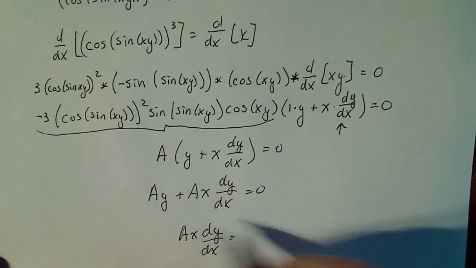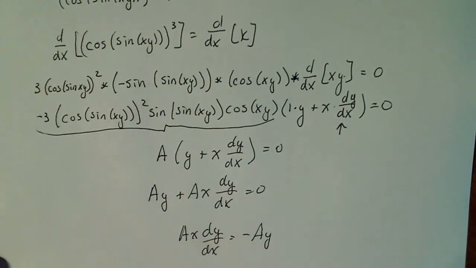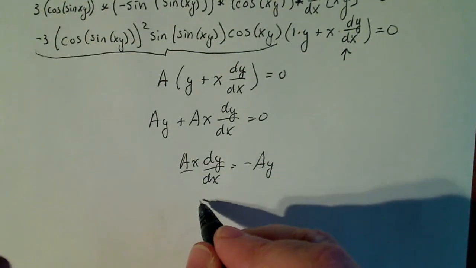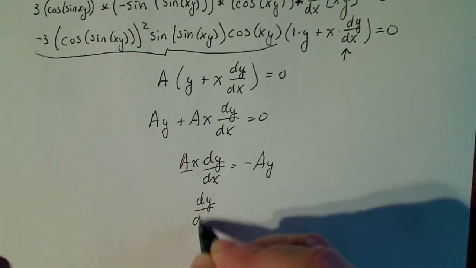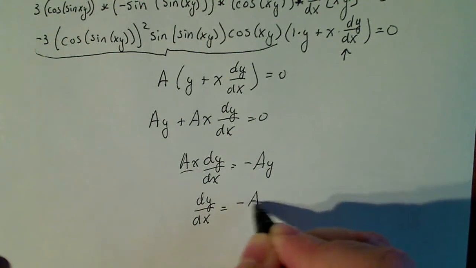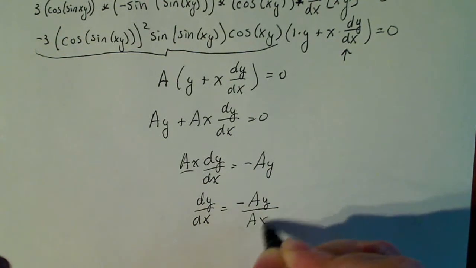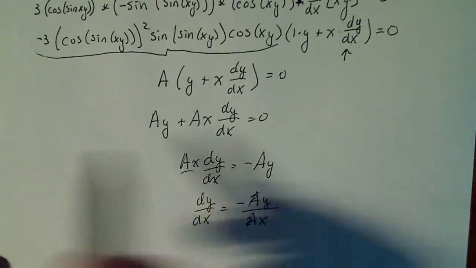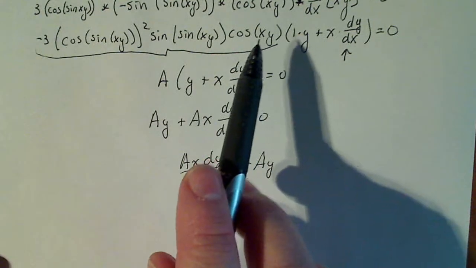Subtract Ay from both sides. Divide both sides by Ax to isolate dy/dx. And notice that the A's cancel, which is all of this stuff right here.